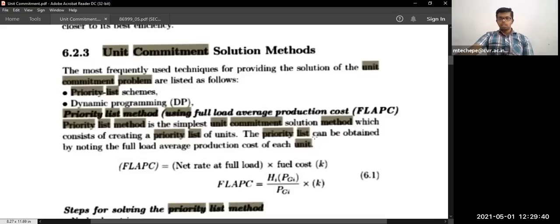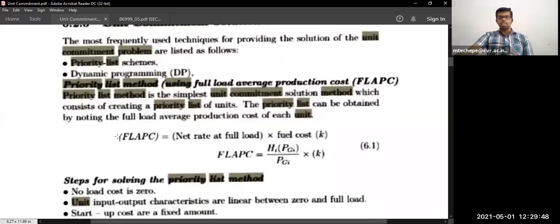So how to calculate this FLAPC? It is nothing but the net heat rate at full load into the fuel cost.